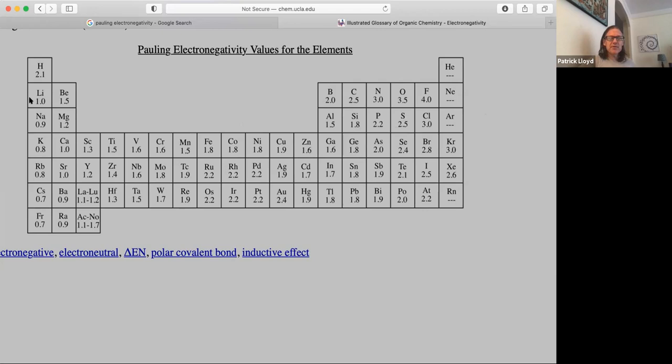In the same period, we have lithium 1, beryllium 1.5, boron 2, carbon 2.5, nitrogen 3, oxygen 3.5, and fluorine 4. No values for these elements up here in the noble gases. What do you notice about that? There's a pattern. There's a mathematical pattern, right? It's very simple, though. 1, 1.5, 2, 2.5, 3.